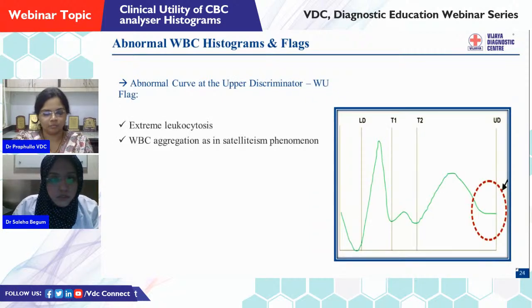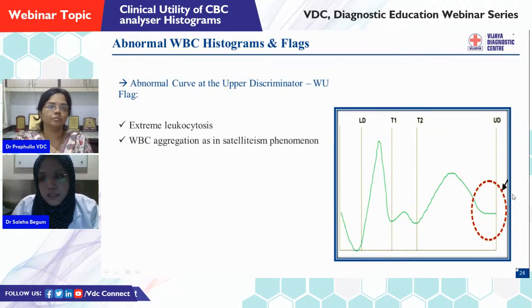This is a third variation where the graph is not ending at the baseline. Usually, a graph not ending at the baseline means there is some population larger than the neutrophils. But as we know, there is no population larger than neutrophils.